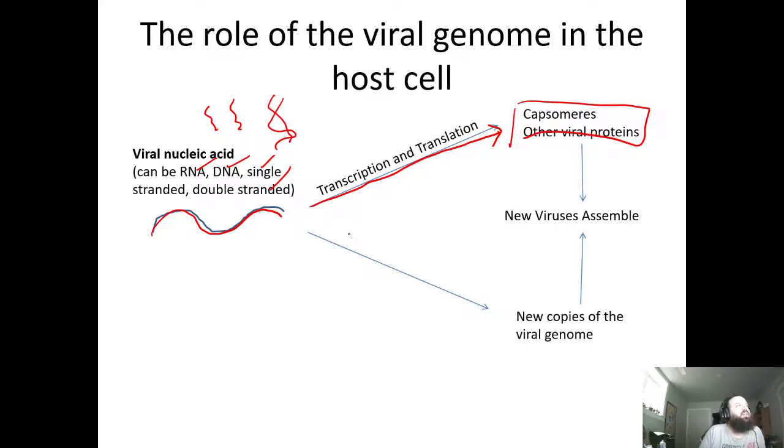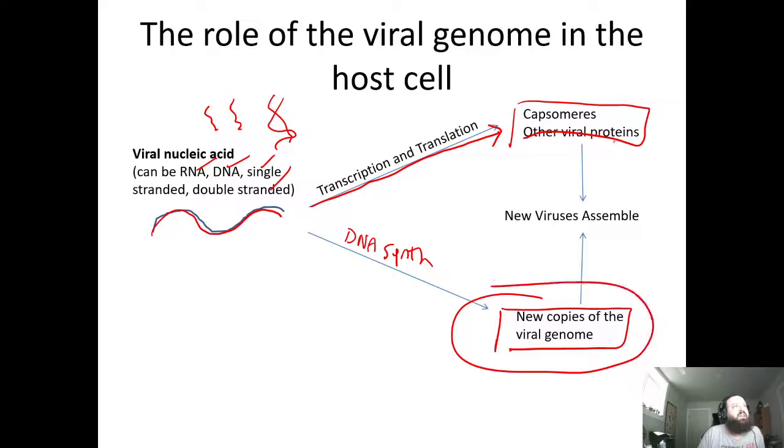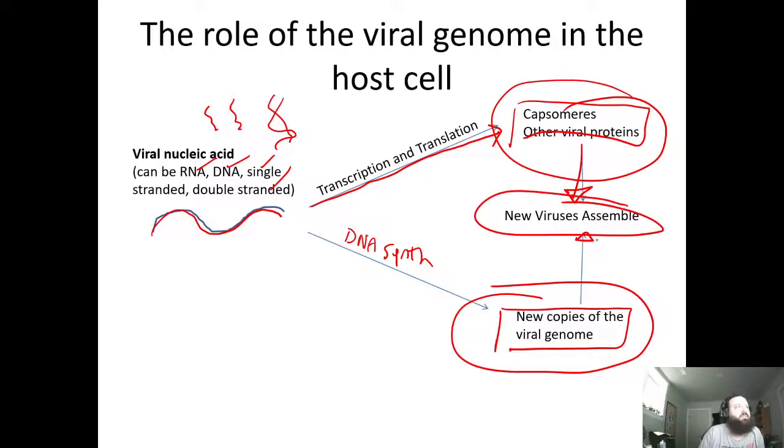And you can use DNA synthesis or some other method to make more copies of the viral DNA. And then now that you've got the viral nucleic acid and you've got the viral proteins, they can basically more or less spontaneously assemble into new viruses. And then, of course, you need the virus to exit the cell.